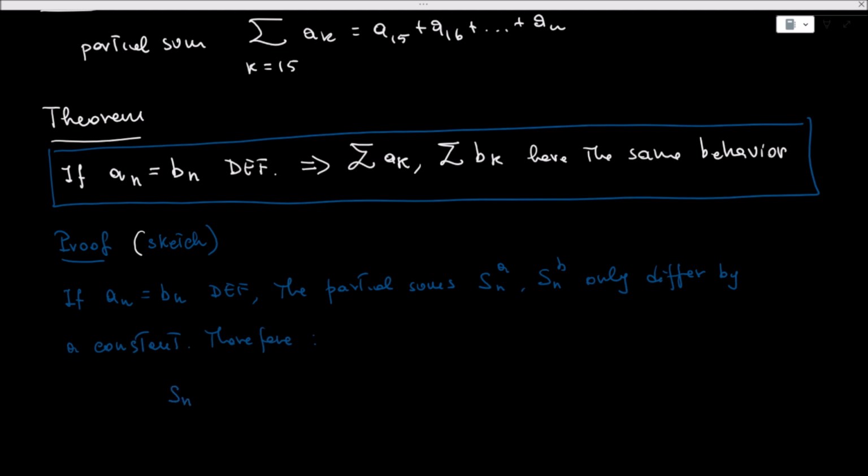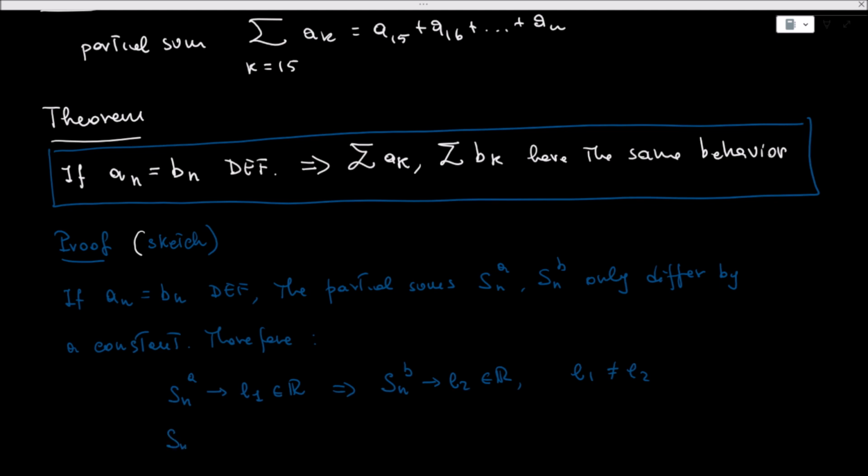So therefore, if Sna tends to some limit L1 in the real numbers, then also Snb tends to another limit L2 in the real numbers. It can happen that L1 might differ from L2, but this doesn't change the fact that the two series are both convergent.